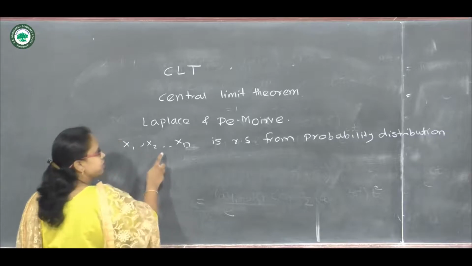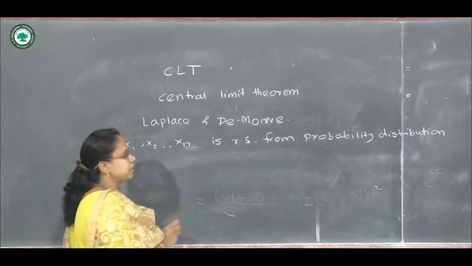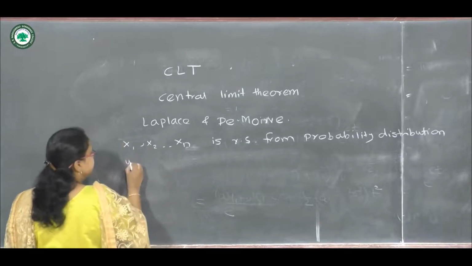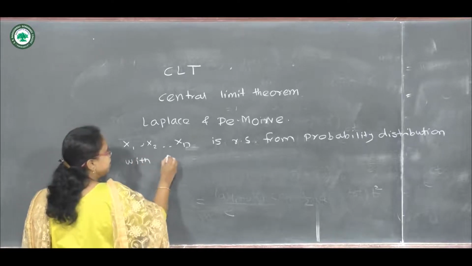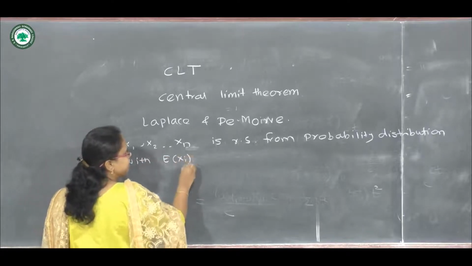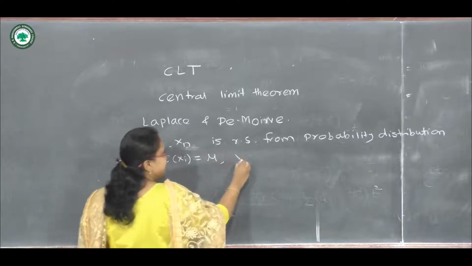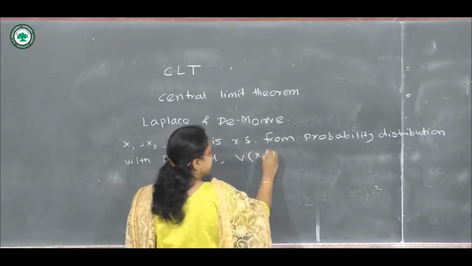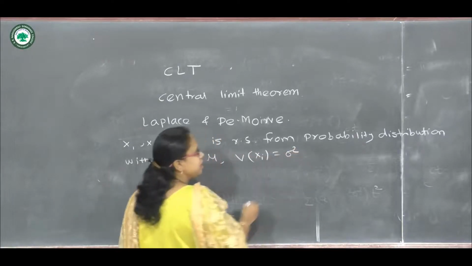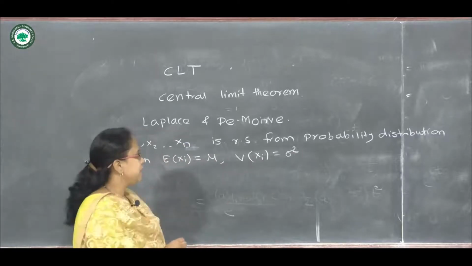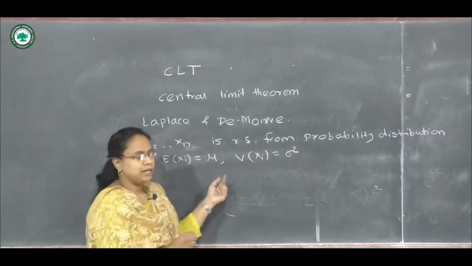Suppose x1, x2, xn is a random sample from a probability distribution with mean expected xi equals mu and variance of xi equals sigma square. Here sigma square and mu are finite.